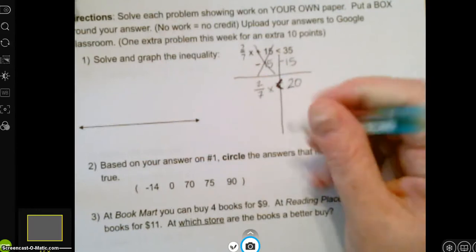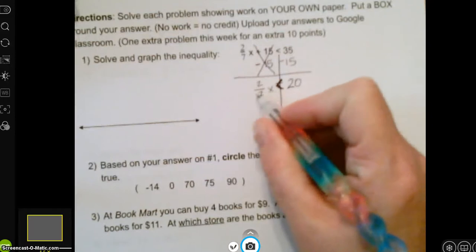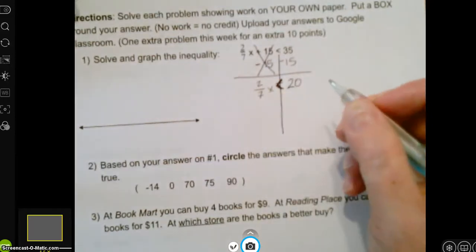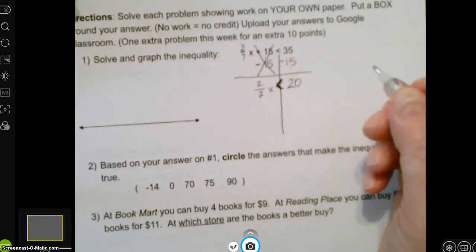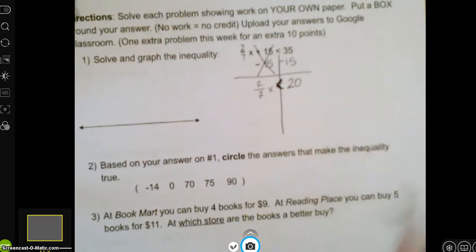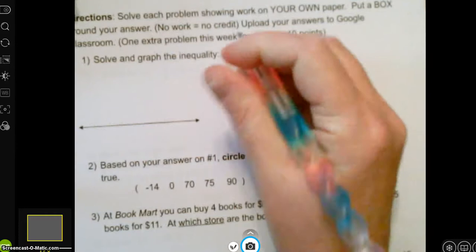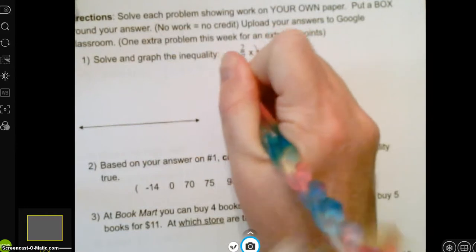Okay, so I have a number next to a letter, a number next to a variable. That means multiply. To get rid of multiply, we do divide. And remember, when we divide a fraction, we do keep, change, flip: change divide to multiply, and flip. And remember, we've talked about this.